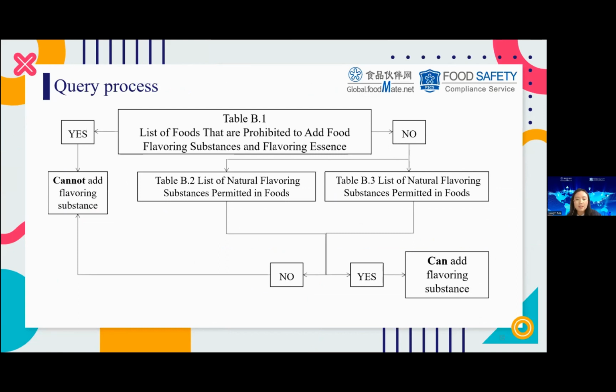And if the food category is listed on the table B1, it means it's prohibited. You can't add any flavoring substance. And if the food category is not listed in the table B1, you can then check the desired food additive in either table B2 and B3.